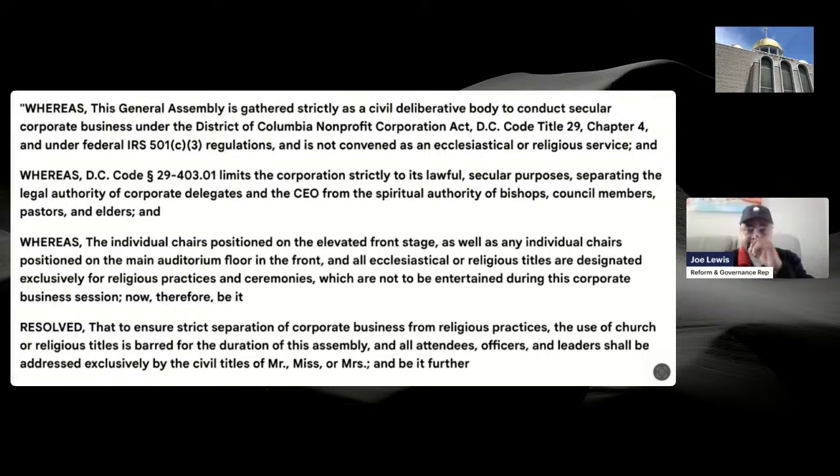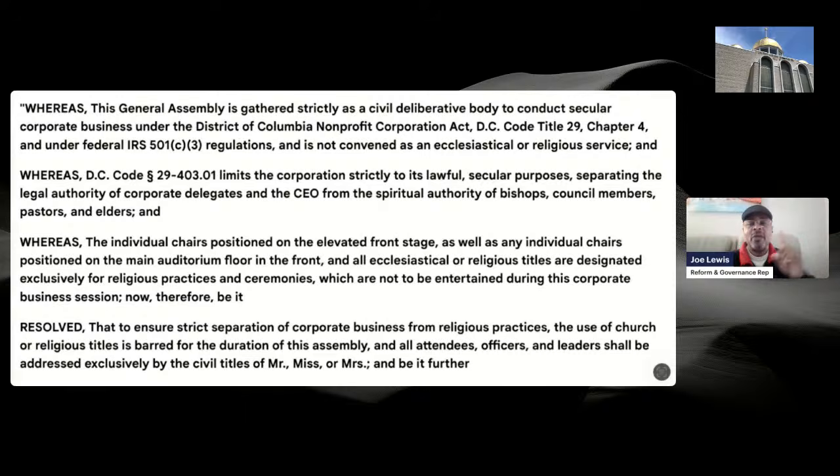And whereas DC Code 29-403.01 limits the corporation strictly to its lawful secular purposes, separating the legal authority of corporate delegates and the CEO from the spiritual authority of bishops, council members, pastors, and elders.